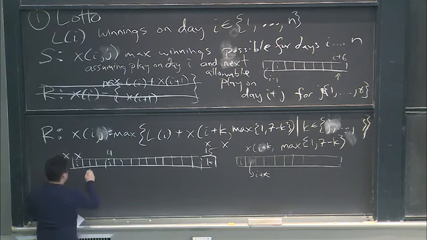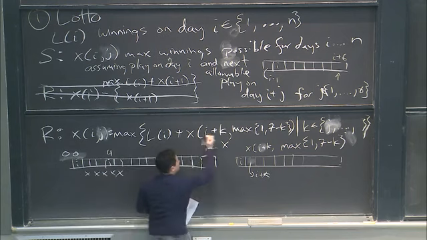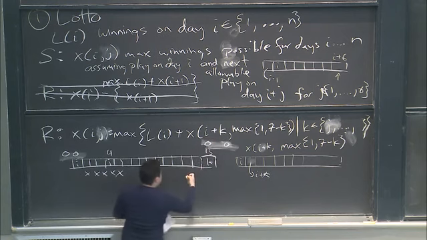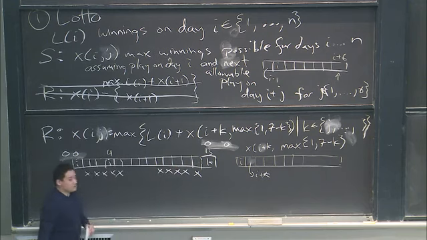I actually can't play here, here, here, here, here. I'm not allowed to play those. I guess these should be O's. I played there, and I'm not allowed to play here: 1, 2, 3, 4, 5. But I am allowed to play anywhere in here.